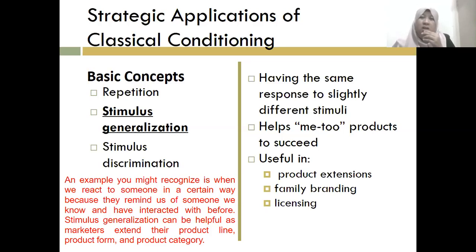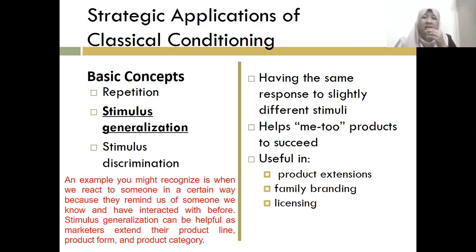You also realize that sometimes a brand like Coke or another local product comes out with exactly the same packaging. We will confuse Oreo and Cream-O, two products whose packaging is almost similar. It is useful in product extension, family branding, and licensing.